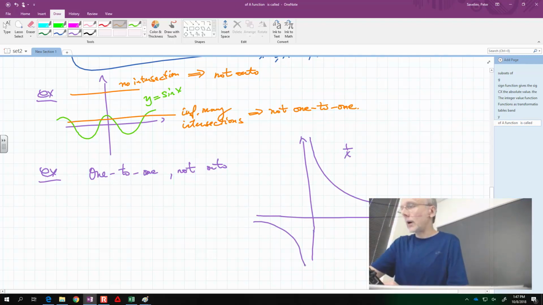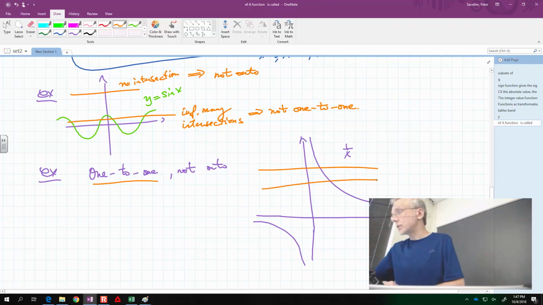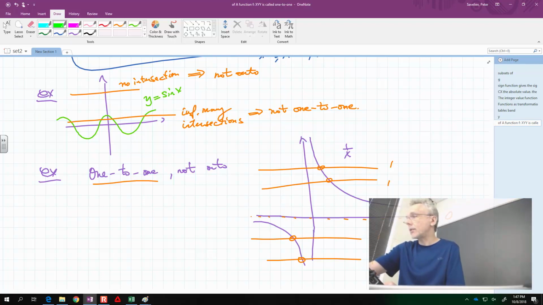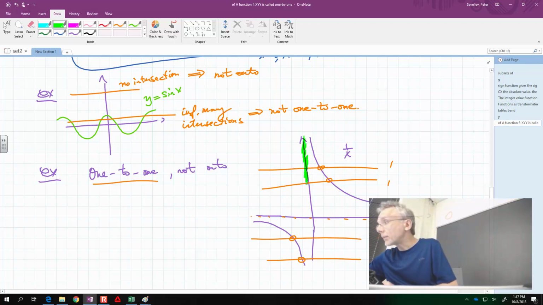So first of all, is it one-to-one? Yes, because horizontal lines have at most one intersection, right? Nowhere is it going to cross twice. The x-axis crosses zero times, it does not cross at all. And that is why 0 intersections means that it's not onto. Because if I look at the range, it is all positive numbers but not 0.